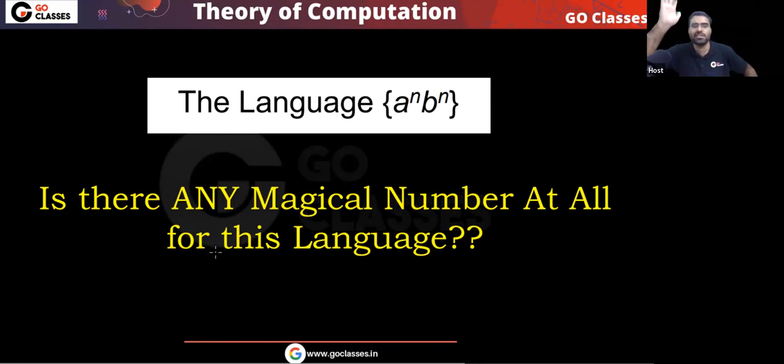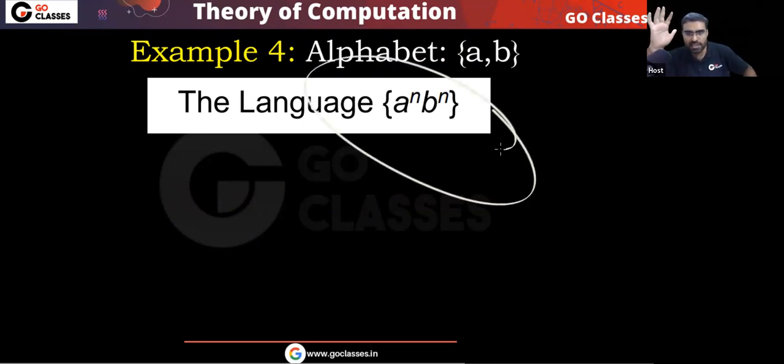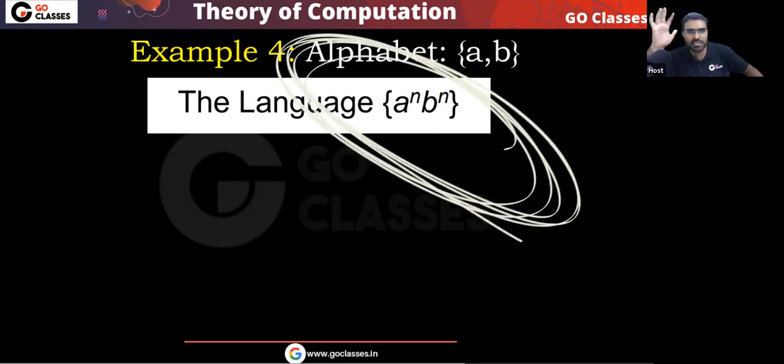Now I will assume there is some p. Maybe that p is 1 trillion, 1 billion, maybe 10,000. I don't know what that p is. Let me assume there is p. Is this point clear? I am still hopeful. I did not lose hope. I am still thinking that maybe this has a magical number.